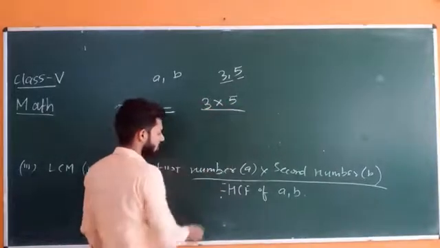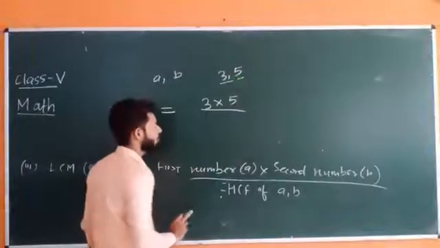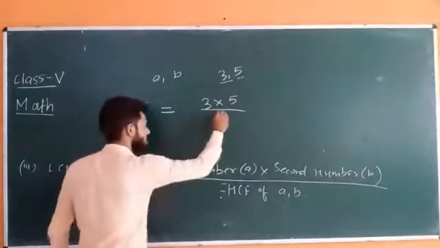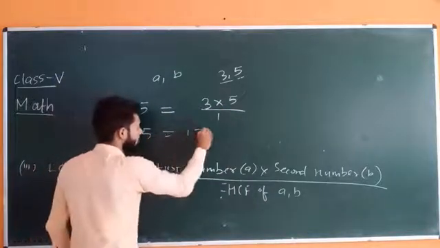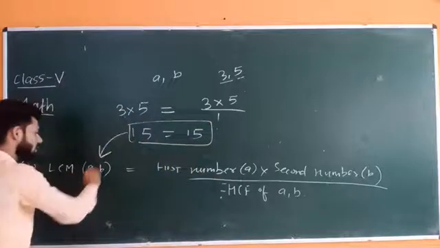And what is the HCF of 3 and 5? Because they are co-prime numbers, the HCF will always be 1. 3 fives are 15 and 3 fives are 15, both are equal. Hence proved that this relation is true.